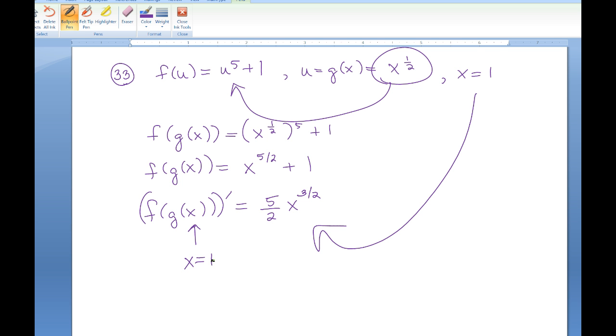So it doesn't matter. All right, I'll write it: f of g of 1 prime is 5/2.